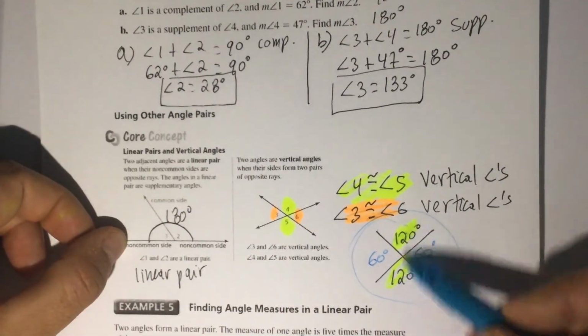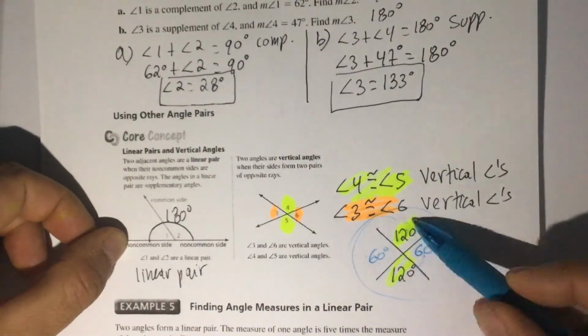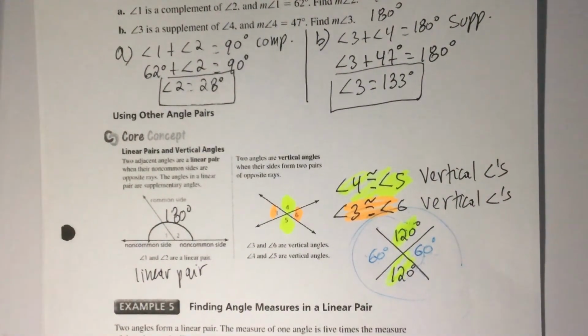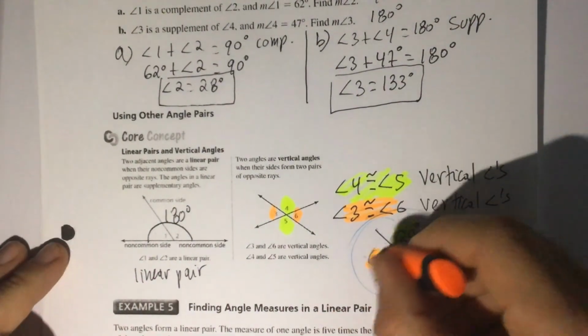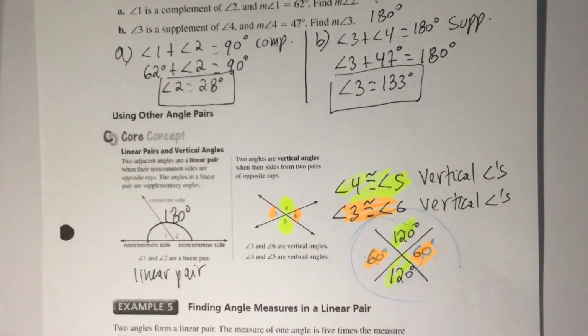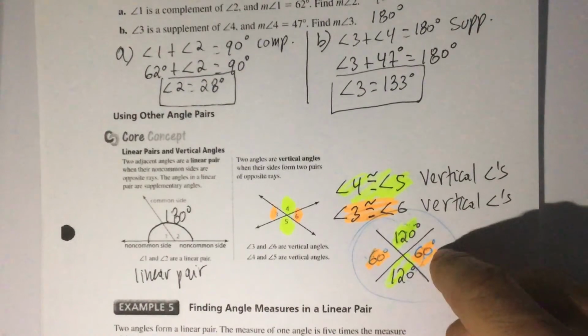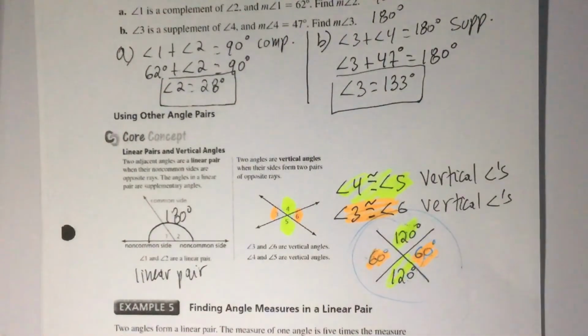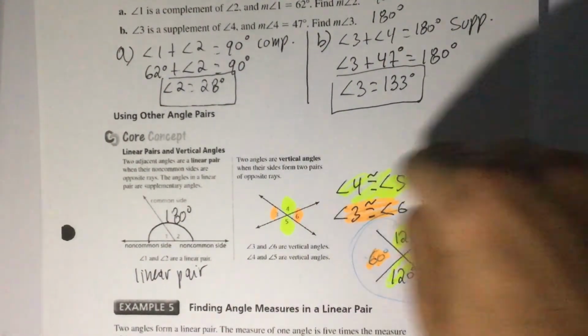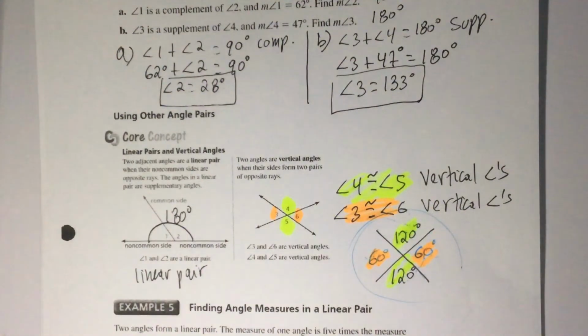So the vertical angles are going to be equal to each other, right? And these angles are going to be linear pairs. And everything together is 360 degrees.